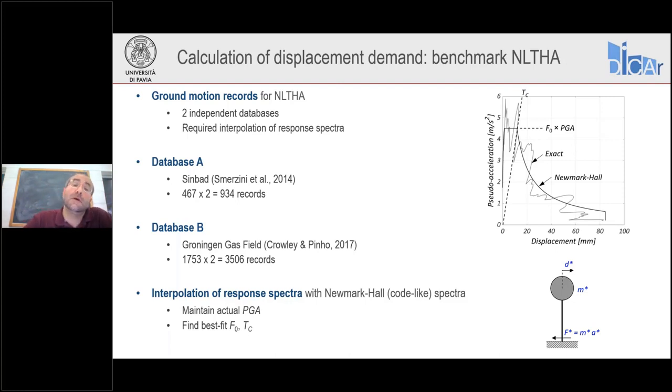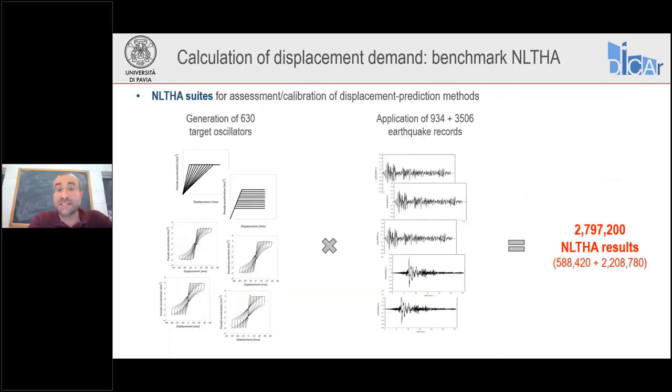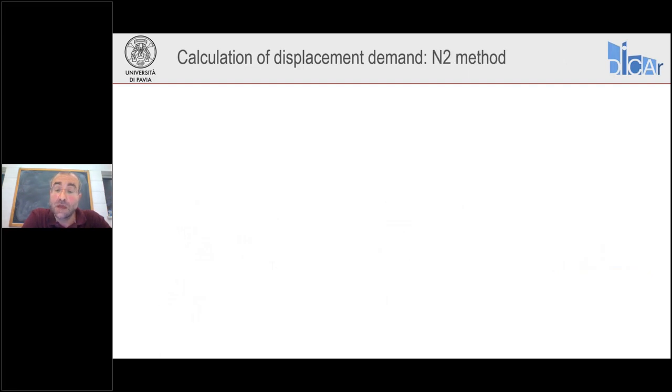And again, all our oscillators were subjected to all these nonlinear time history analyses. This allowed us to have about 2.8 million nonlinear time history analysis results to be used for checking the accuracy of the existing N2 method and to calibrate the new N2 method.